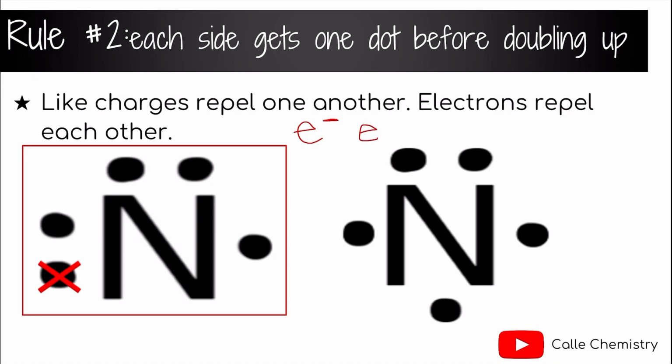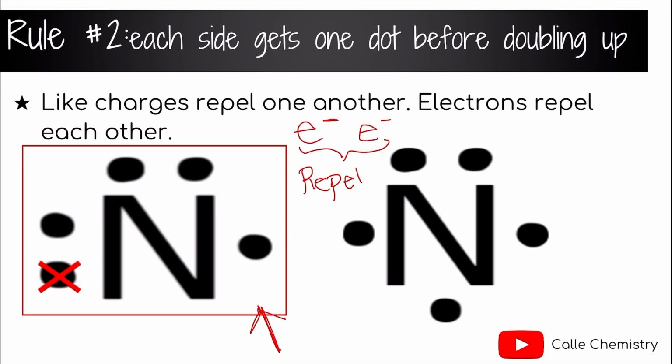Electrons do not want to be next to one another. They are repelling one another. So we want to put them as far from one another as we can until we have to start doubling up on the sides.